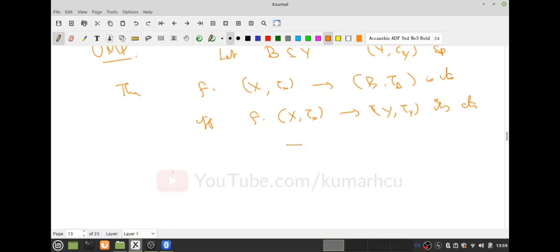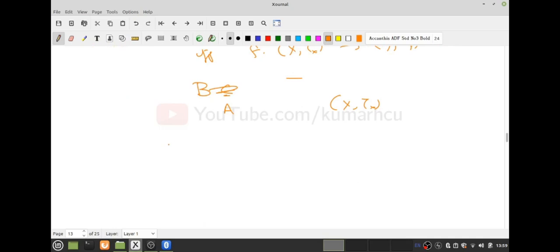Now I want to say something very interesting. Let us stick to A, with (X, tau_X) and A. Do you know that I have a natural map, the inclusion map J from A to X, namely A going to A itself?